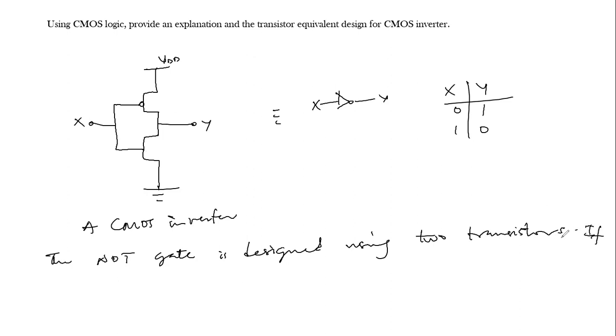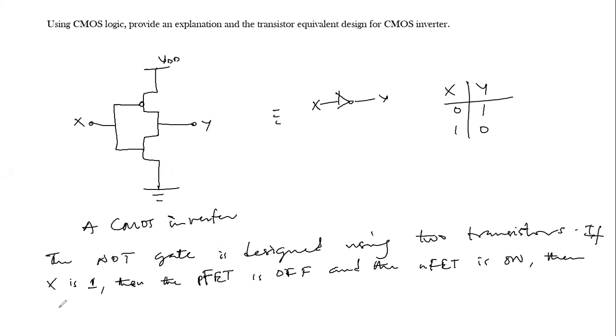So if X is the same as 1, for instance, then the P-FET is off, and the N-FET is on.